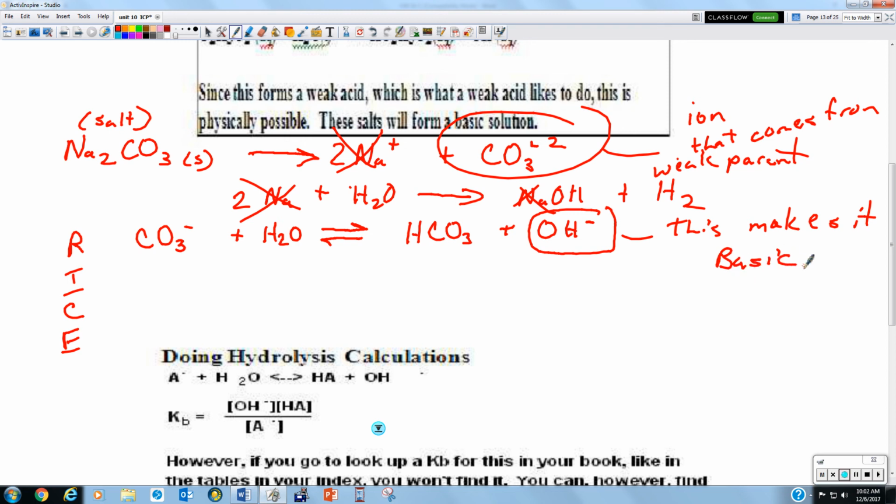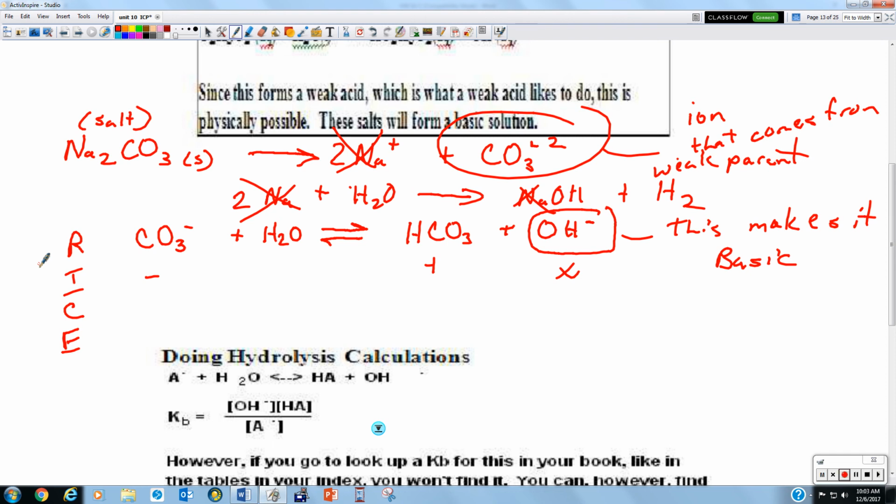Makes it the base. So you would go ahead and go through there that you have whatever concentration here. This concentration is going to go down, these two concentrations are going to go up, and you have your N thing in your rice table. Ultimately, that's what we're going to look at. So it starts with the I based on the ion of the weak parent.